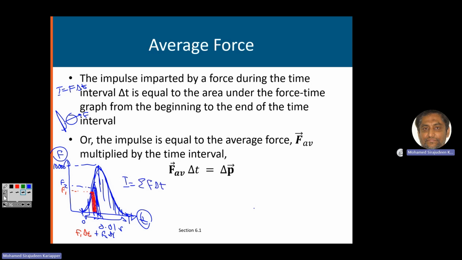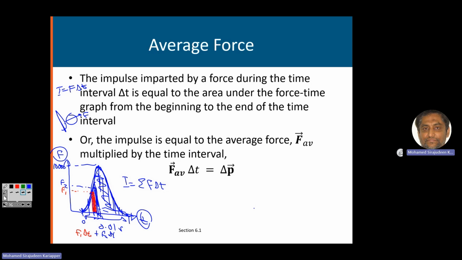That means at the end it will be the area under this curve. So if someone gives you the force against time curve, by getting the area under the curve, we can get the impulse. But don't worry, you are not going to calculate the area. You can calculate the area if you know integration, but it is out of the scope of this.